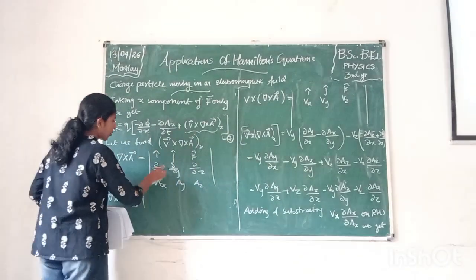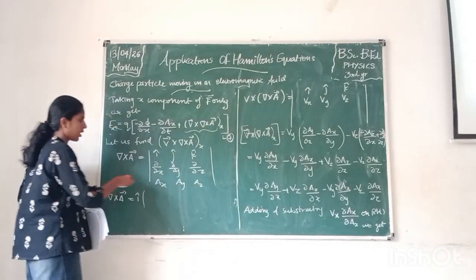Del cross a is the determinant with ∂/∂x, ∂/∂y, ∂/∂z, and a_x, a_y, a_z.